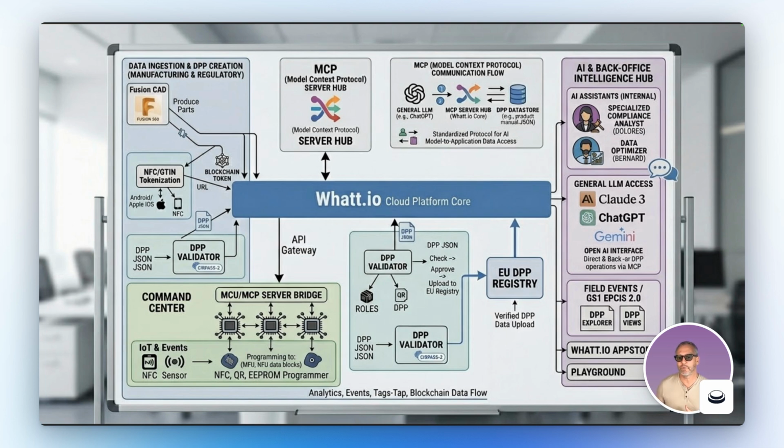Our command center for running Arduinos and programming NFC tags, all are using APIs. But if you go more into a relationship with an AI, we will use the MCP server that we developed and launched today. The MCP server itself is a contextual protocol server hub. It sits in between the LLM and the data storage, which is the whatt.io DPP.